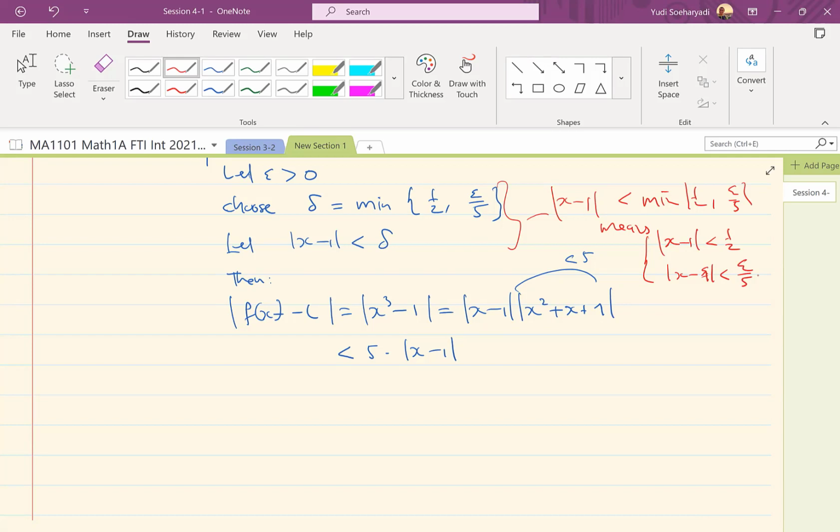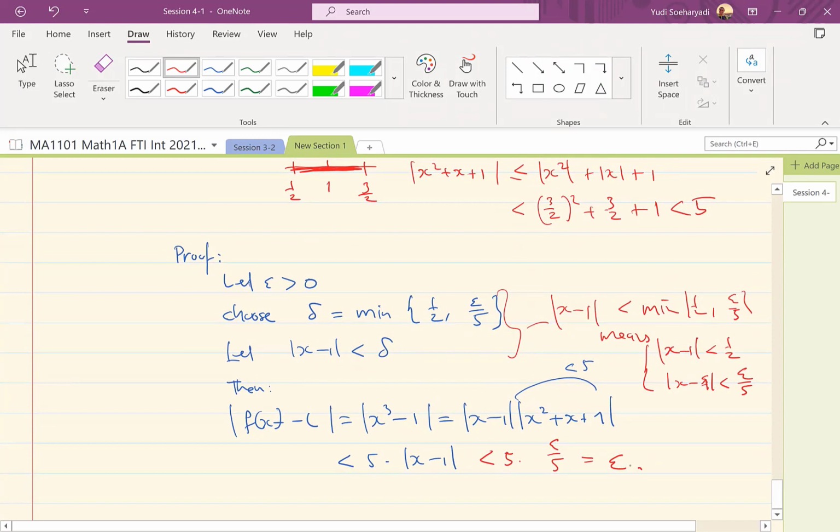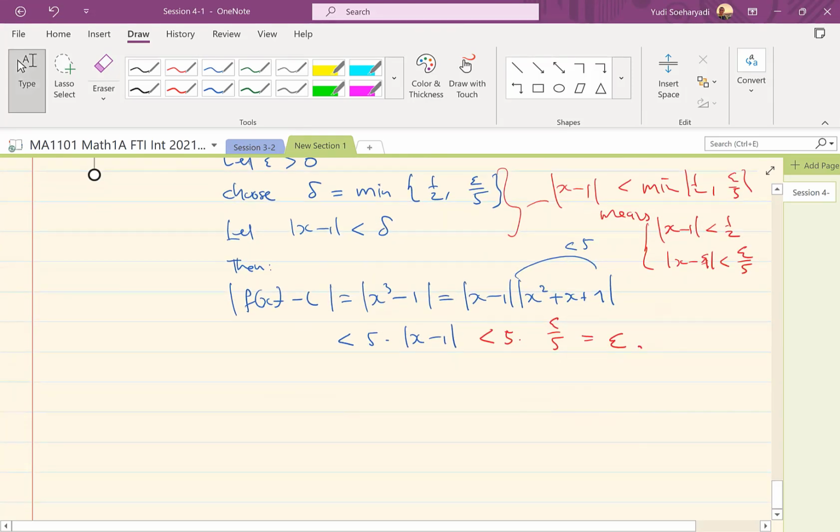So then take this one, this is less than 5 times epsilon over 5. Okay, so for any epsilon error, you can find the delta error. So that's the proof of this limit.